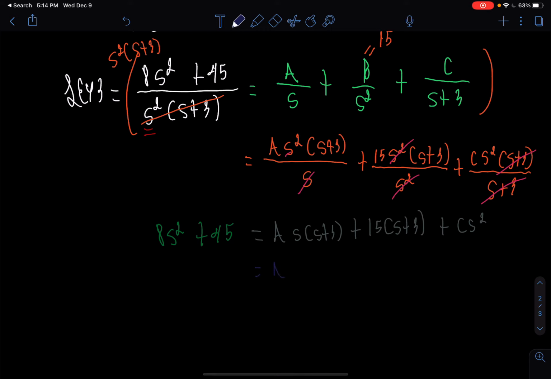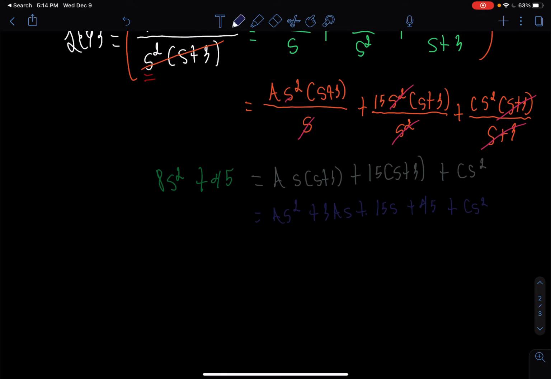So when we distribute, we have As squared plus 3As plus 15s plus 45 plus Cs squared. There we go. So now that's what we're looking at.